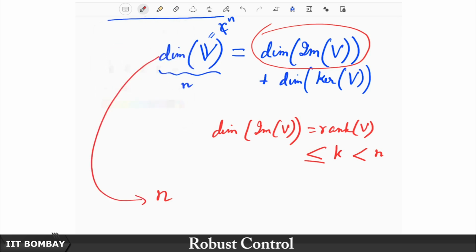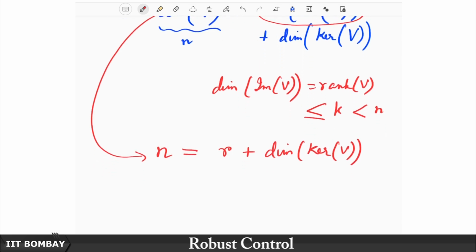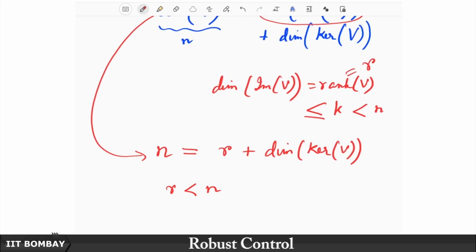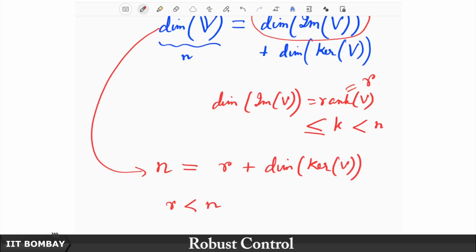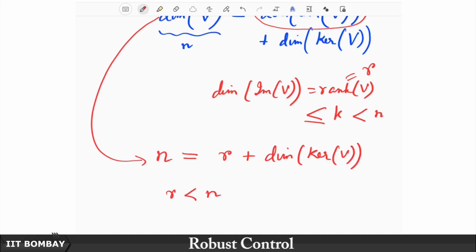So, n is equal to some r plus the dimension of the kernel of V. But now r is less than n, because the rank of V is what I am calling r, that is at most less than or equal to k, but k is strictly less than n, and therefore r is strictly less than n.